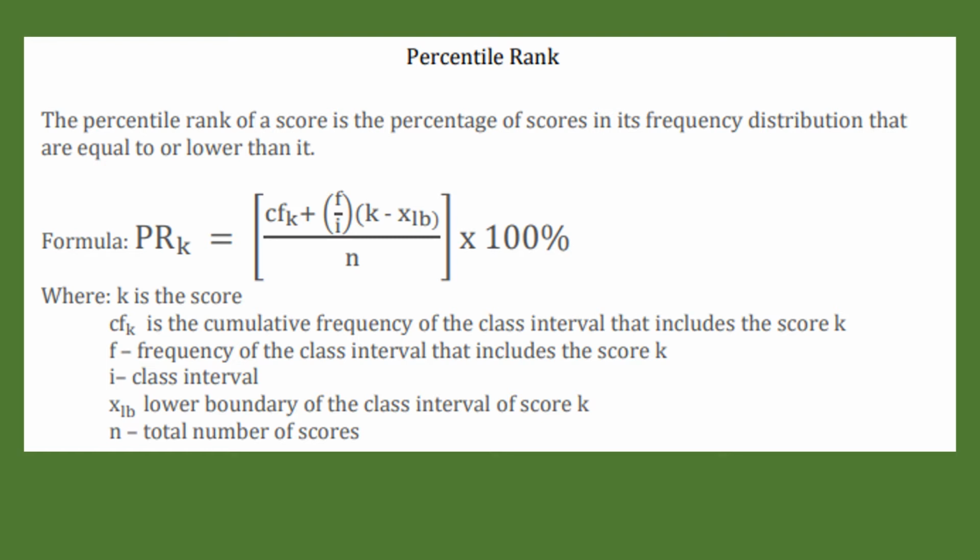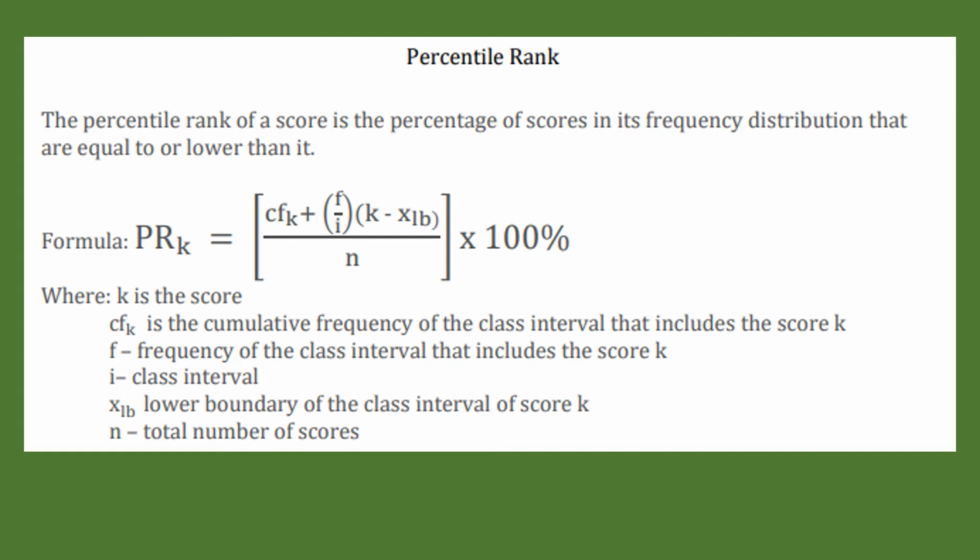And for us to solve that, we have the formula PR of K, where K is the score that you are looking for as the percentile rank, is equal to CF sub K, the cumulative frequency of the class interval that includes the score K, plus F over I. F is the frequency of the class interval that includes the score K. I is the class interval, times K minus XLB.